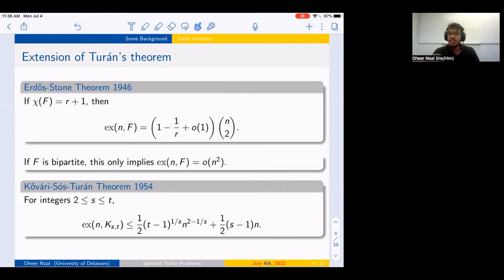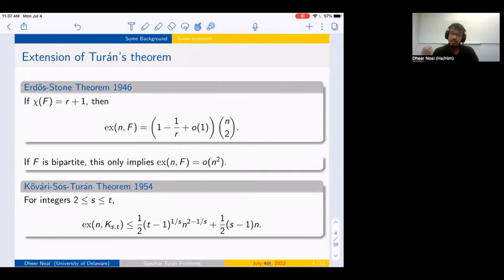We know that the order of magnitude is n squared, and we also have the constant term which comes along with it, which is about 1 minus 1 over r plus or minus some small o(1) error term, small o(n squared) when it gets multiplied to this. All right, and so Erdős–Stone is very good. It gives us a nice result for when our forbidden graph has at least 3 colors.